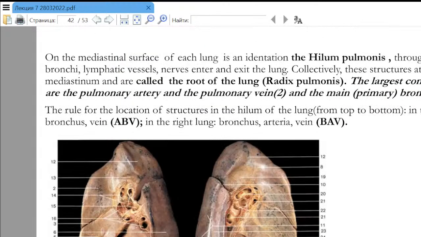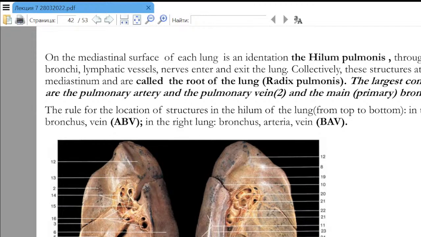On the mediastinal surface of the right lung and left lung, on each lung is an indentation, the hilum pulmonis, through which blood vessels, bronchi, lymphatic vessels and nerves enter and exit the lung.